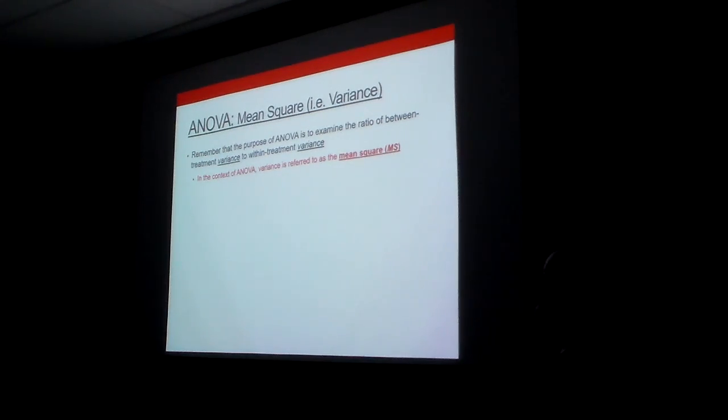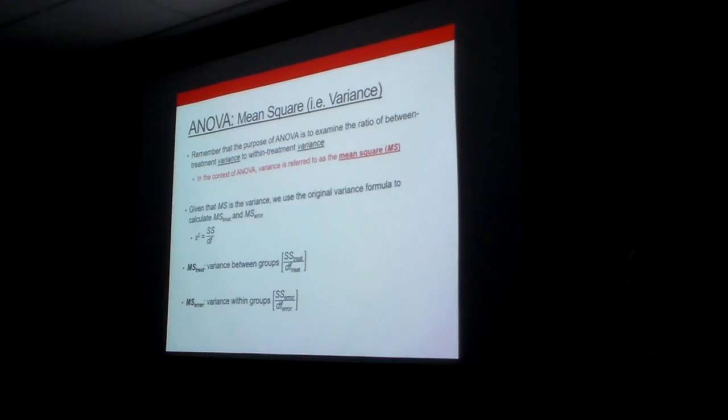And so what we now need to do is, we've got our sum of squares and our degrees of freedom, which, as we know, are all the things we need to calculate variance. Remember that our variance is just our sum of squares divided by degrees of freedom.